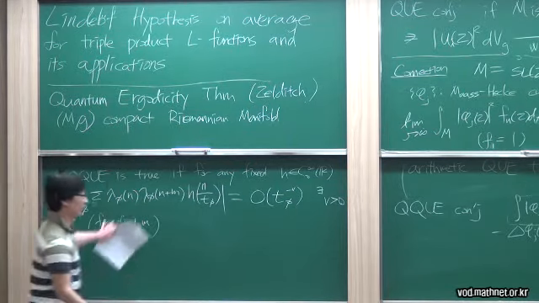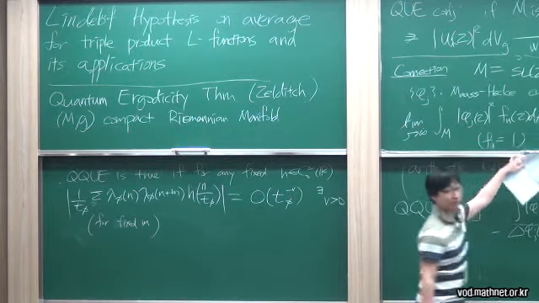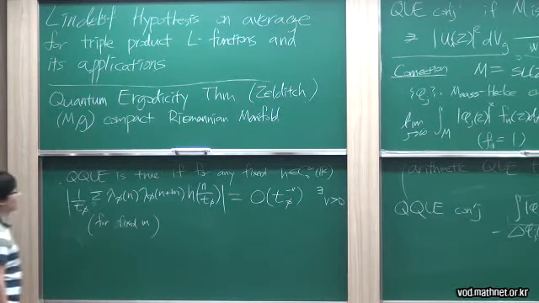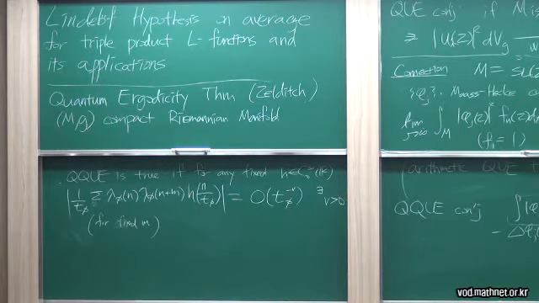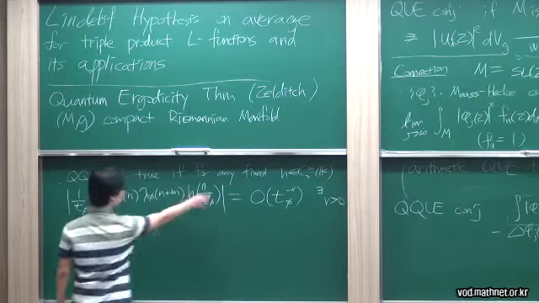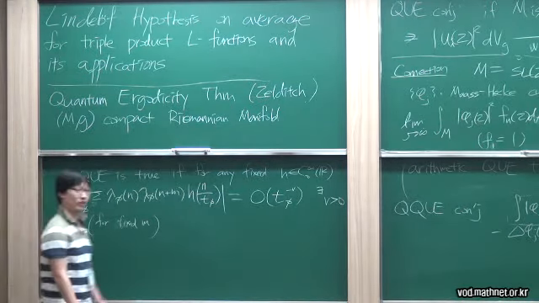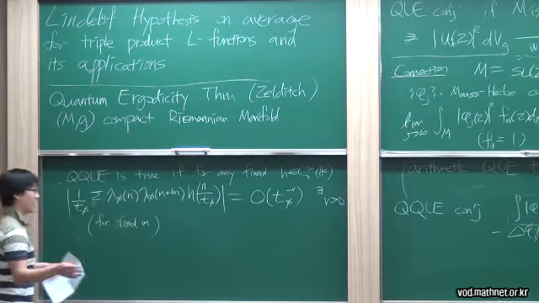In fact, this is a stronger statement than having a rate for this convergence of the measure, as in this function here, which I can approximate by compactly supported functions, doesn't actually cover every function.